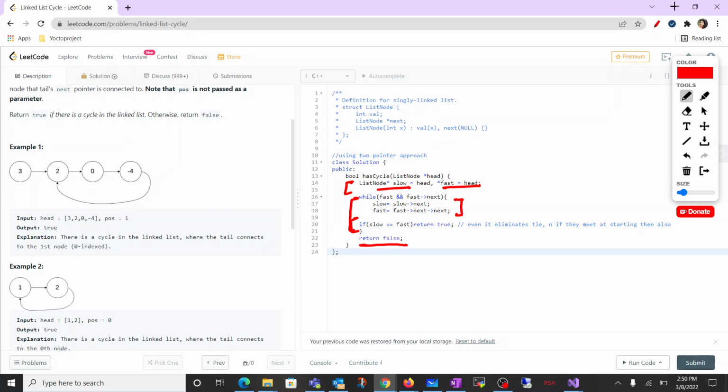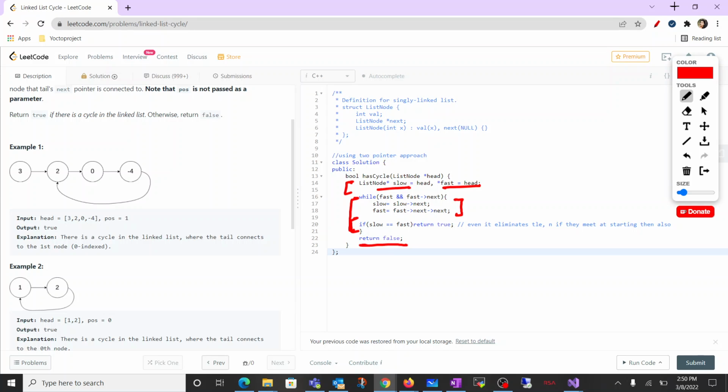Means while this whole loop runs, if at any point it detects some cycle, and the cycle would be detected at that particular point, then slow and fast coincide with each other, and it is certain that they will coincide, because when slow would be at the middle, at that point fast would be at the end.